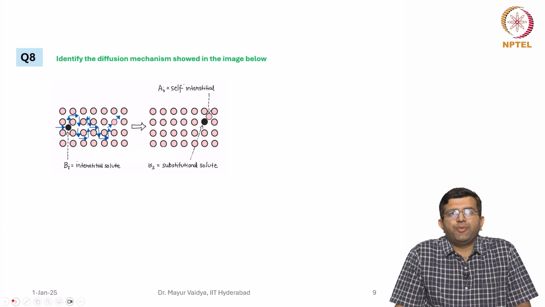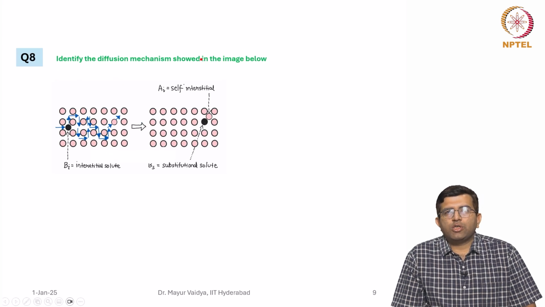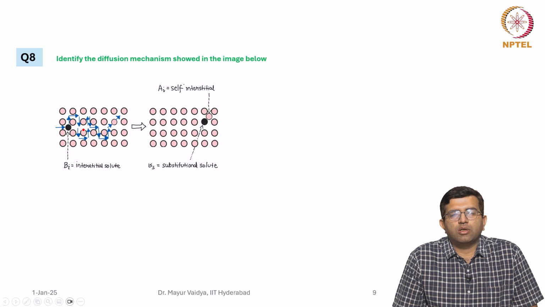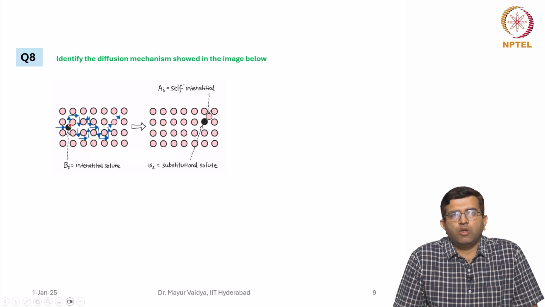So, moving ahead, identify the diffusion mechanism shown in the image below. You see here this is an interstitial solute and with a sequence of jumps finally it ejects, or in other words kicks out, this matrix atom into its own interstitial site. Then later this tracer atom will diffuse again to an interstitial site.